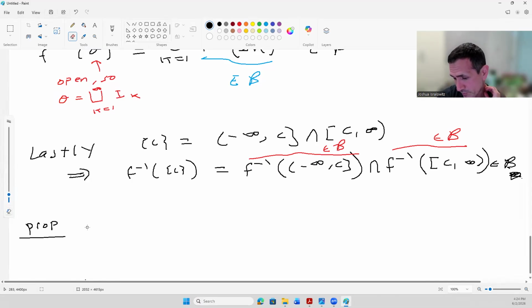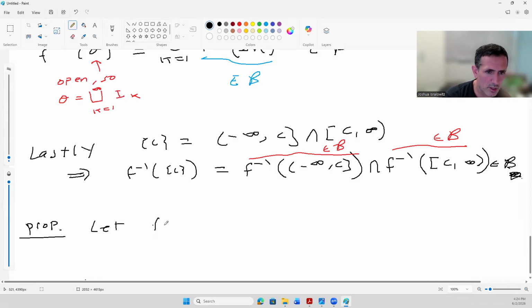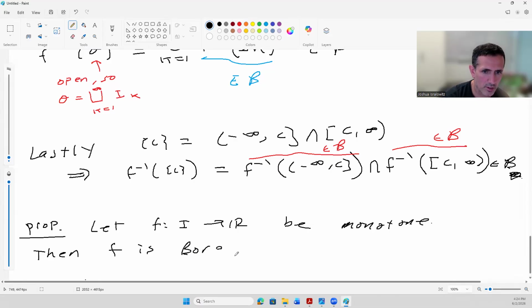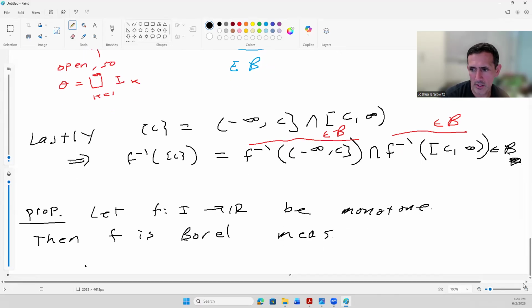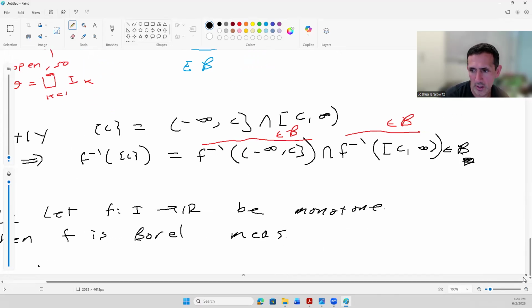If not, I'll mention it. You don't really need to know the proof at all. Use it. The proof is pretty easy. So let's say F is monotone. Then F is Borel. If you know the theorem, you can kind of see maybe where this is going.